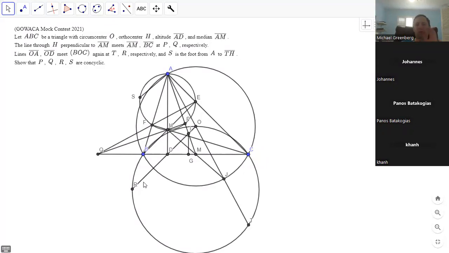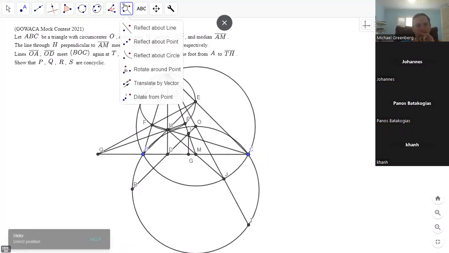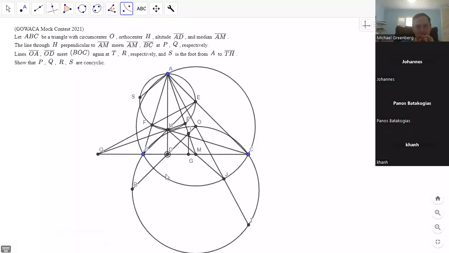So first of all, you're saying D and R swap, because BC goes to the circle BOC.